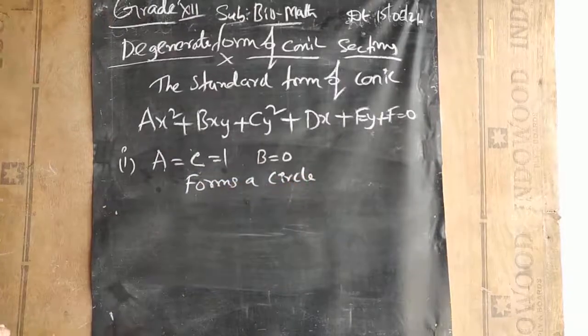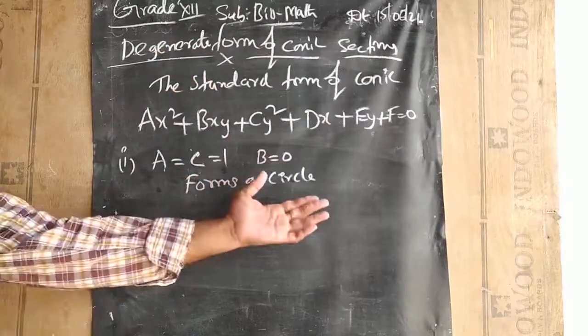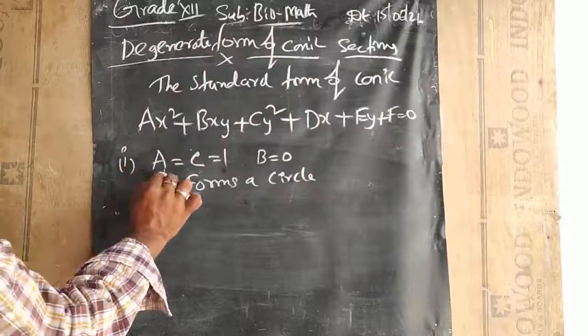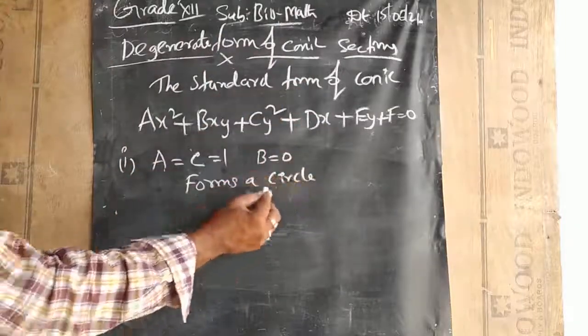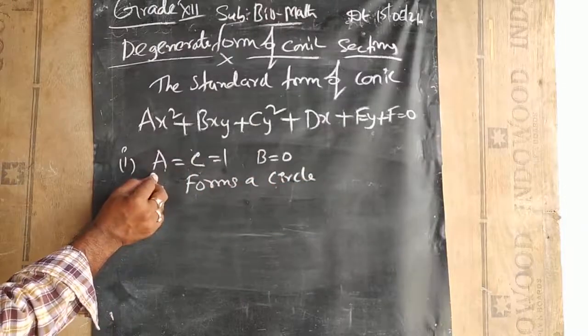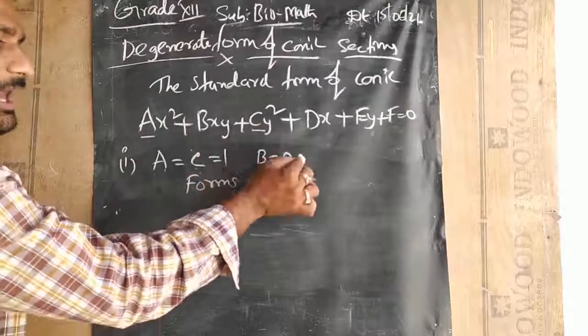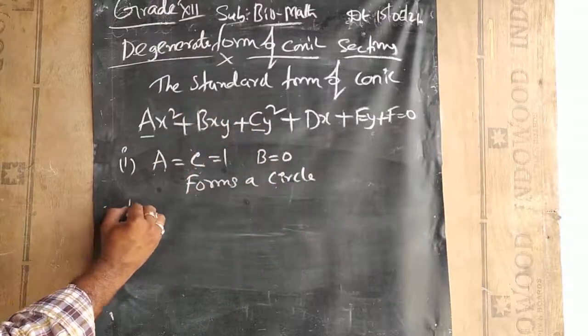They will give us one equation, and in that equation we have to identify whether it is a circle, hyperbola, parabola or ellipse. To identify that, if I want to say that the equation is a circle, the condition to be satisfied is that the a value and c value should be 1 and the b value should be 0. Then I will call it a circle.